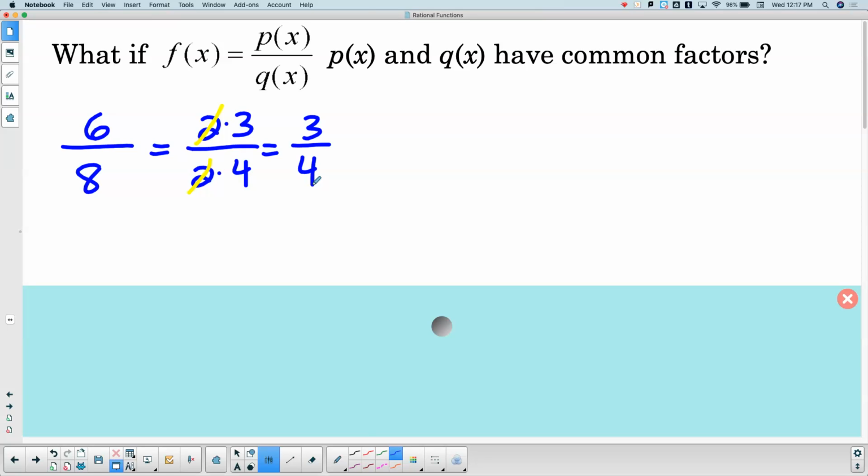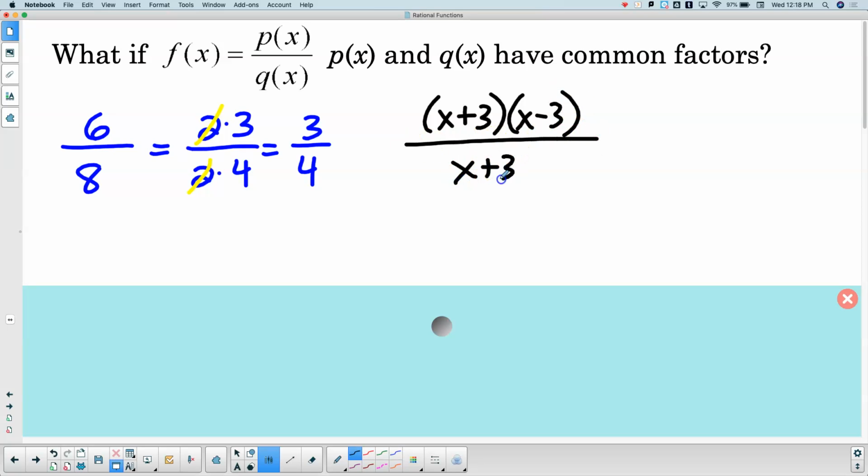Well, what if it's like that? All the x plus 3, those cancel out each other.